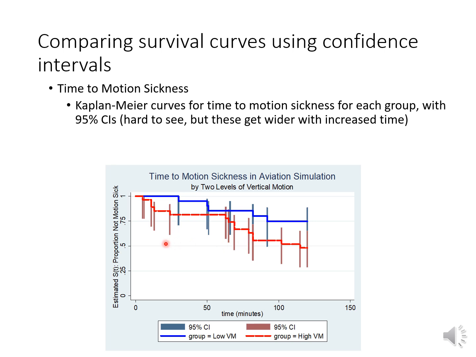At every point in time where we have an event, the event is motion sickness, comparing people with a low level of vertical motion while doing an aviation simulation versus those with a high level of vertical motion. It's too much to compare, as you see, and you can't really capture the experience and the difference between the two groups.